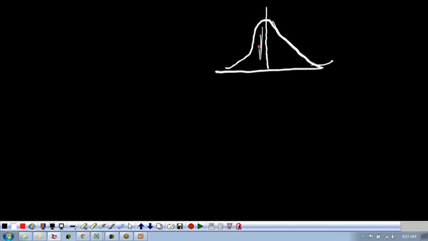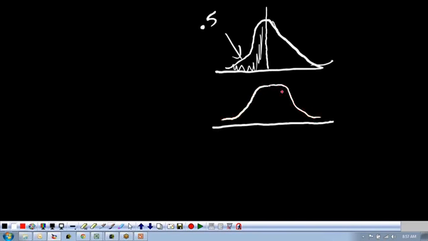We know that the area to the left of the mean is 50%, or 0.5. We know that because it's symmetric. It's supposed to be anyway. We also know, let's see if I can do a little bit better on this one. Okay, that's a little bit better, perhaps.